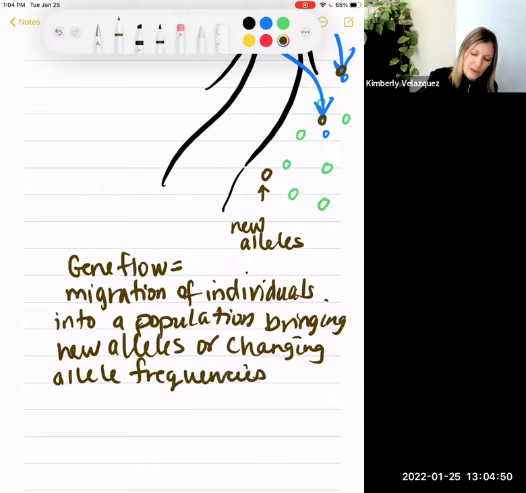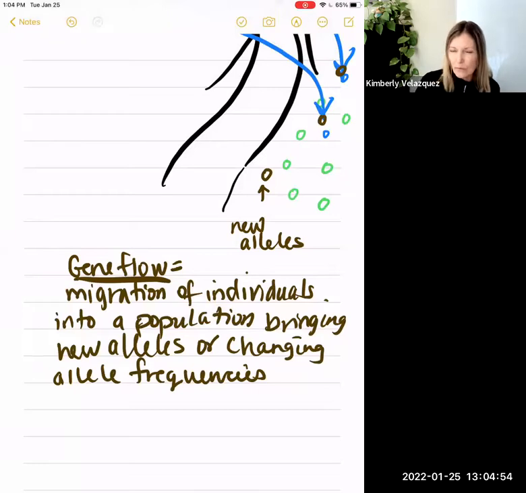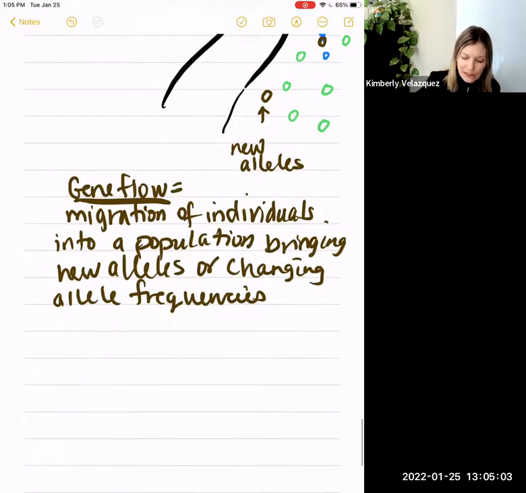So gene flow has to do with migration of individuals. This next way that microevolution can occur, I don't really like the term because it's too similar to gene flow. I wish they'd call it something different. It's called genetic drift.